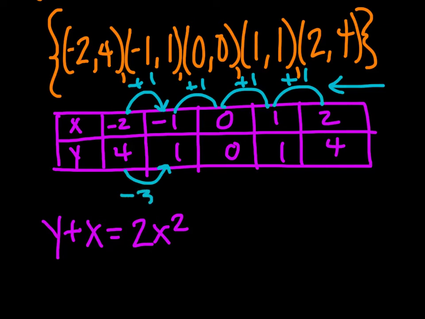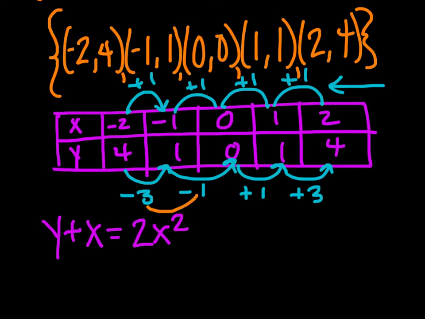That is a -3, subtracting 3. Right here we're subtracting 1, here we're adding 1, and here we are adding 3. So if we look at this, we subtracted 3, subtracted 1, added 1, added 3. Now let's see if we have a constant second. So -3 to a -1, we have to add 2 there.